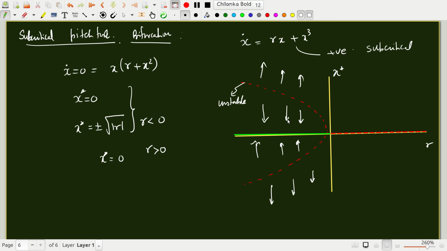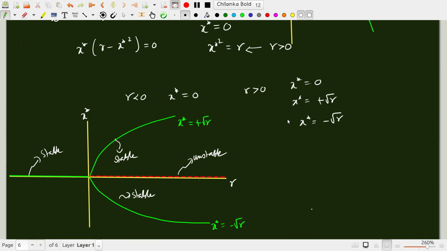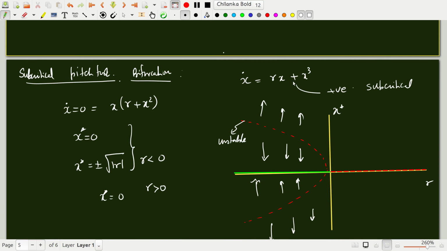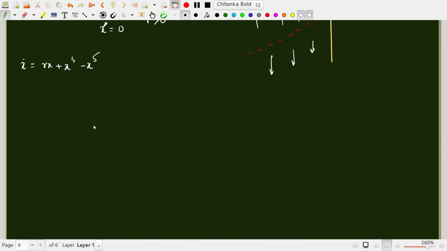Usually what happens is there are some stabilizing terms. So remember, I have just kept these two terms, rx plus x cube. Suppose if there is another term, x dot is rx plus x cube minus x to the 5, okay, then this term has a negative sign, so this will act to stabilize.